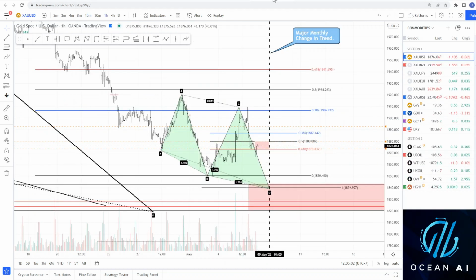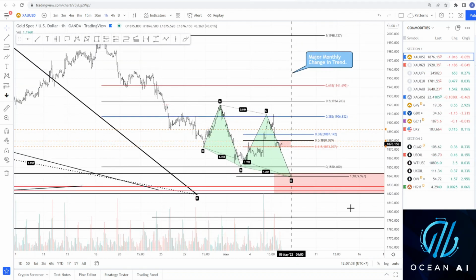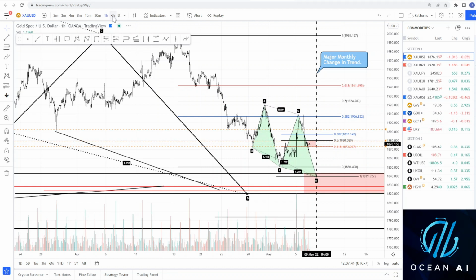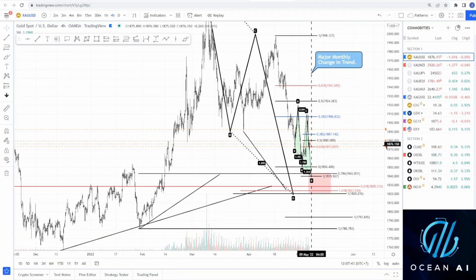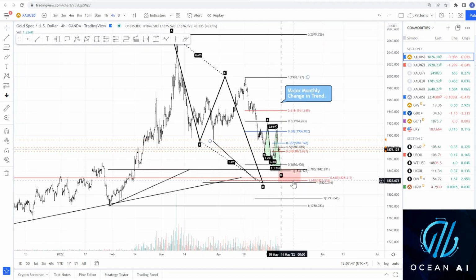And if we have a look at the longer term expected move, we've still got the big ABCD coming down to 1820. And also there's levels lower as well. So there's this ABCD, which would take us down to here.